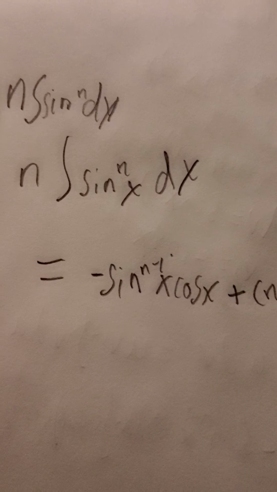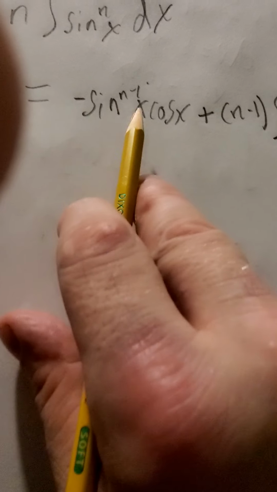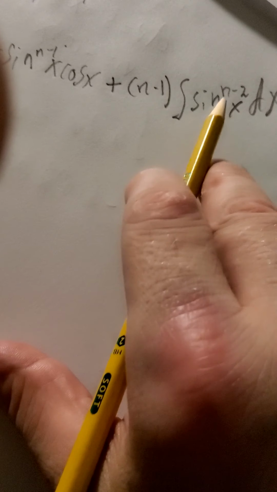See, these derivations are not simple. Okay, so I have n times the integral of sine to the nth of x dx equals negative sine to the n minus 1 of x cosine x plus n minus 1 times the integral of sine n minus 2 x dx.